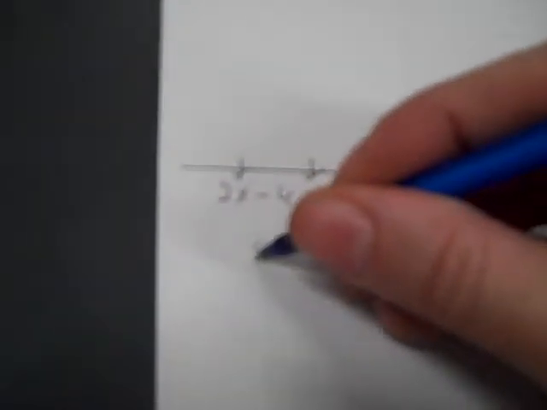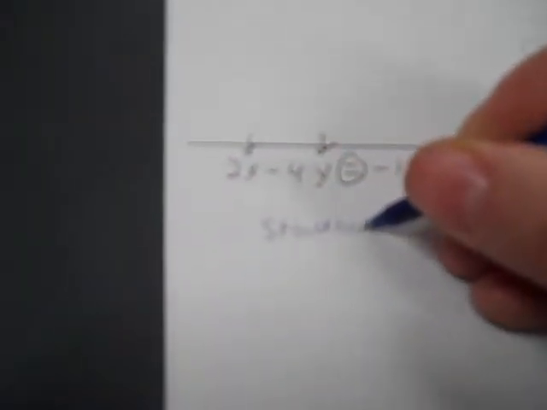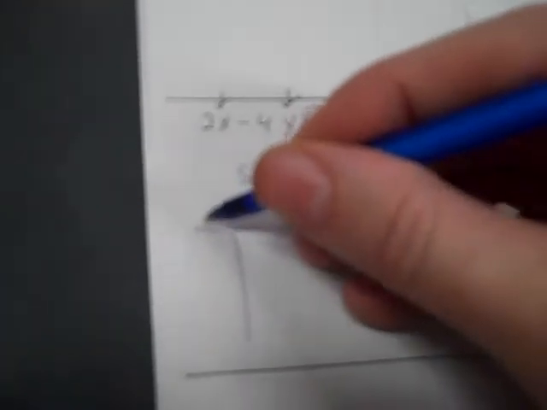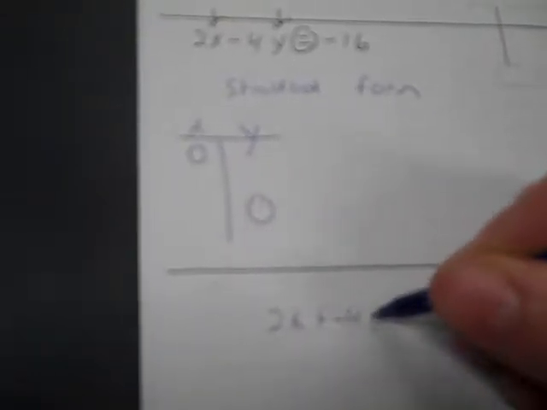Okay, now here the x and y are on the same side, so it's in standard form. So I'm going to want to find the x and y intercepts. That's why I set up the table with 0 for x, 0 for y. Okay, well, let's write that down twice. 2x plus -4y equals -16, and then again.